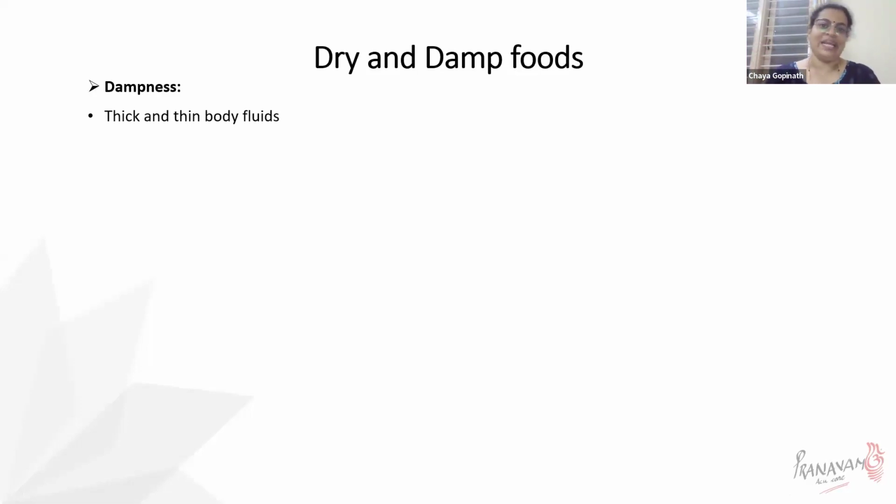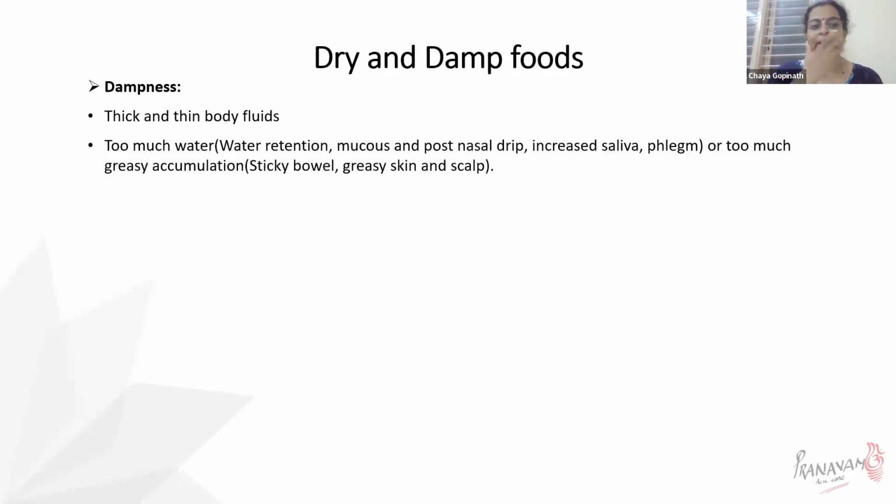In TCM, we know there are 2 kinds of body fluids: thick fluids and thin fluids. I'll not go into the Chinese terminology because it will be very difficult for people to understand. But just remember, when we talk of body fluids, we talk of 2 different kinds. If there is too much water, for example, if you're having water retention, swelling in any part of your body, that is water retention.